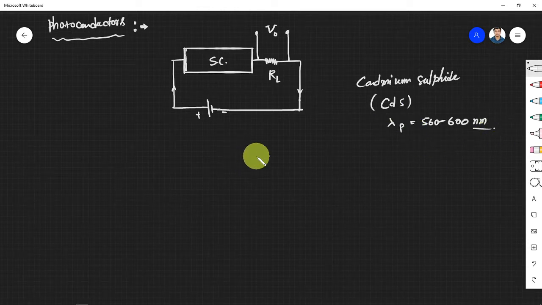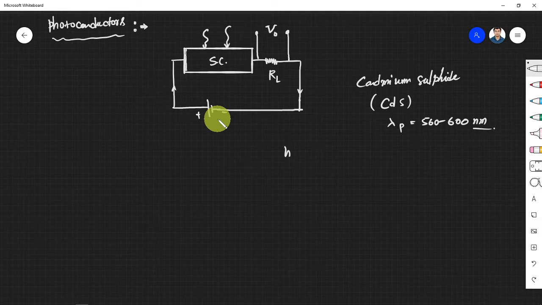Okay, so how does it work? In the dark condition, this is just a semiconductor, and it has of course a few electrons and holes present in it. So there will be thermally generated electron and hole pairs. So it has a conductivity, but now consider the situation when a photon falls on this semiconductor.